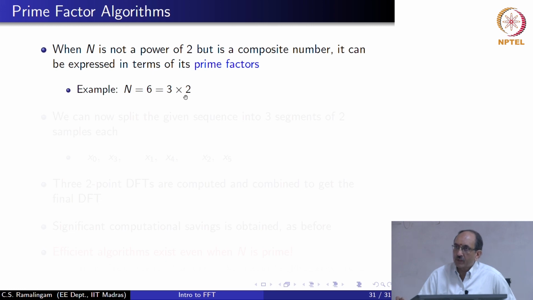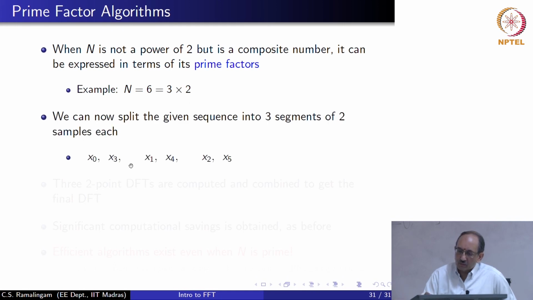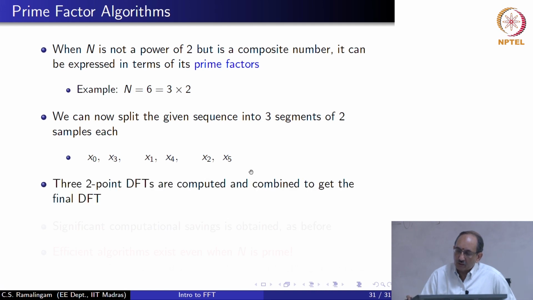Remember, any composite number can be expressed as products of primes and its powers. Therefore, you can split the sequence into x0, x3, x1, x4, x2 and x5, and these three 2-point DFTs can be combined to get the final DFT, and significant computational savings is obtained as before.